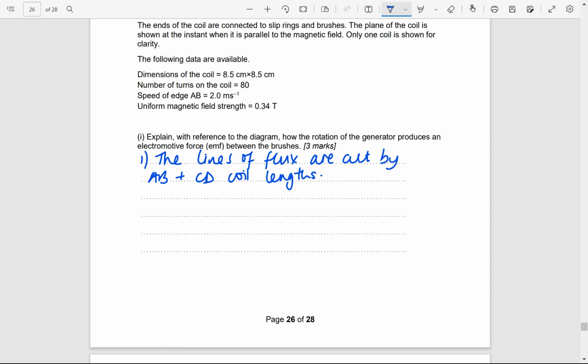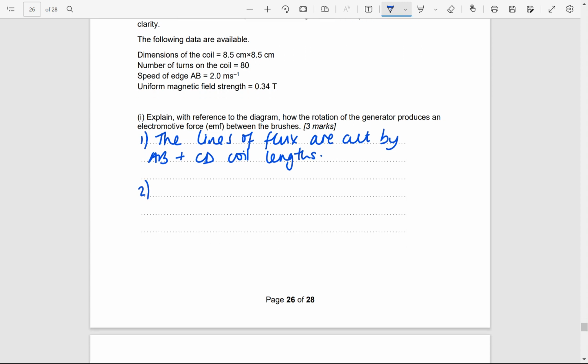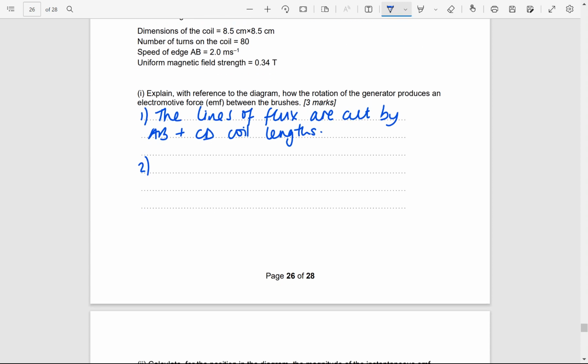Not the field lines are cut by the wire. All right, that isn't the same thing. Well, it kind of is, but that's more GCSE. So the field lines, the lines of flux, are cut by the wire lengths AB and CD. Not BC, not AD. All right, nice and crisp and specific, please.